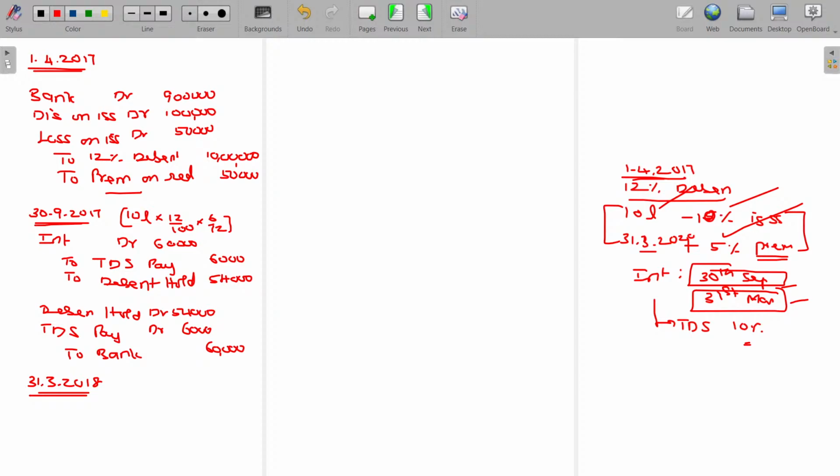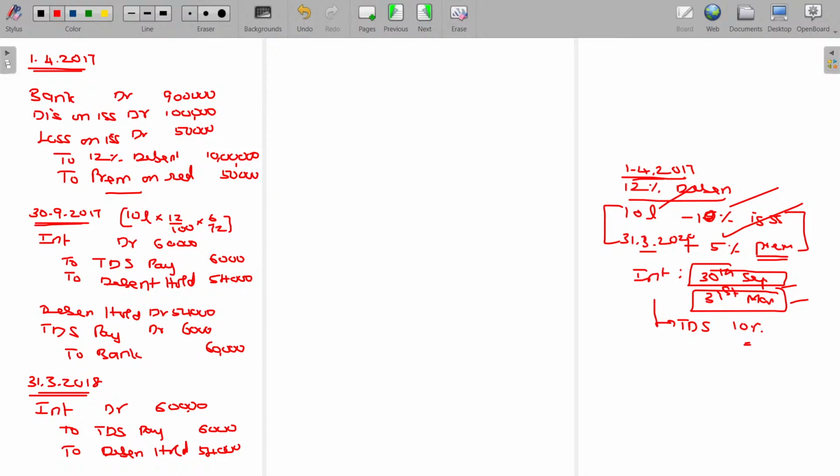Interest account debit, due entry, to TDS payable, to debenture holders. How much is that? Again 60,000. Every 6 months they will pay interest of rupees 60,000. While paying, 6,000 will be payable to the TDS account, and 54,000 will be payable to the debenture holders.